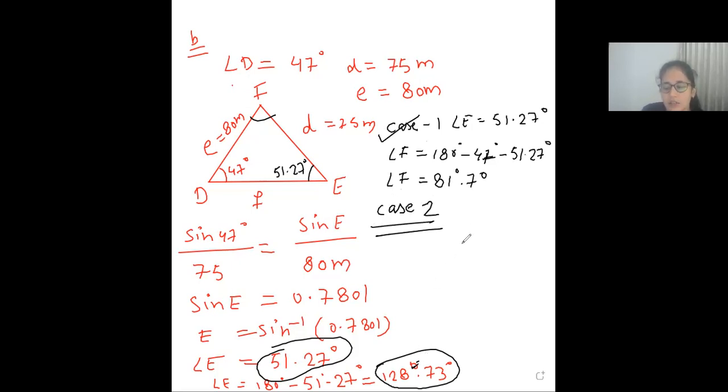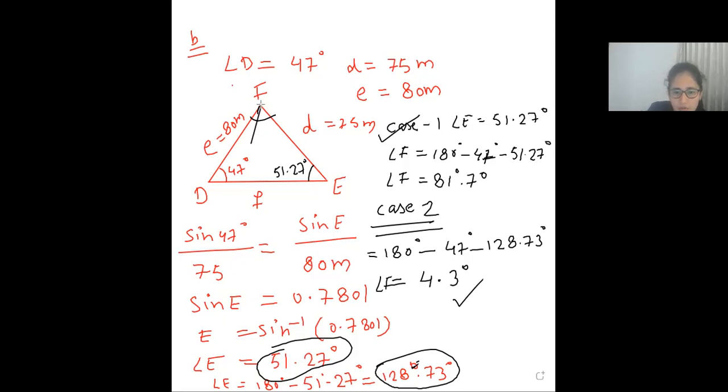When E is equal to 128.73, 180 degree minus 47 minus 128.73 degree, angle F will be equal to 4.3 degree. That means this case is also possible, where angle F is a very small angle. You can draw that triangle where angle F is very small, almost 4.3 degree.